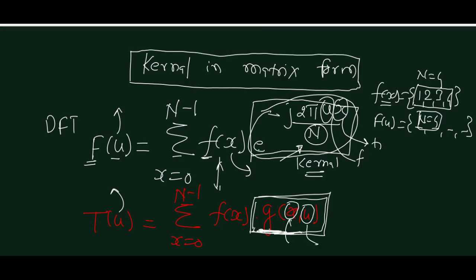X is for the input data, the one dimensional input signal, and u is the transform domain, that is T of u. Try to concentrate on this mathematical equation, because from now onwards we are going to use this more generalized form.